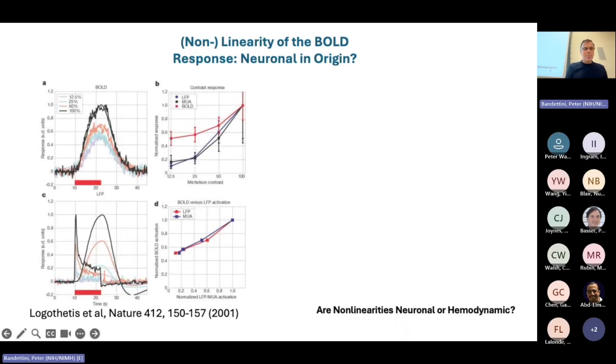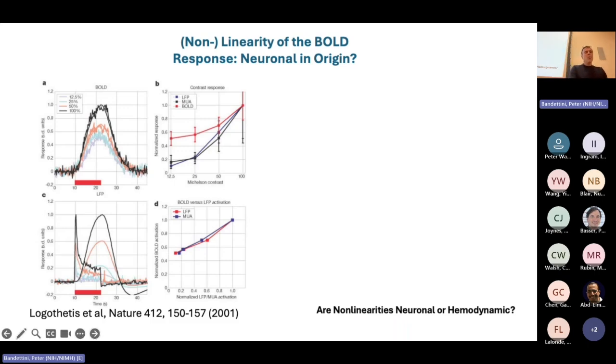One explanation for the nonlinearity with very brief stimuli is that if you have an abrupt onset with neural activation, at the very beginning of that onset there's usually a burst of spiking.